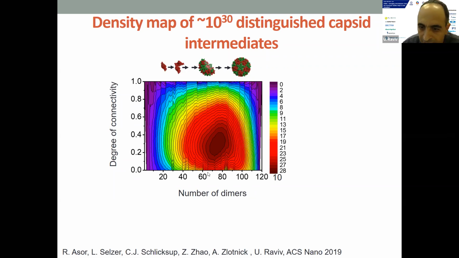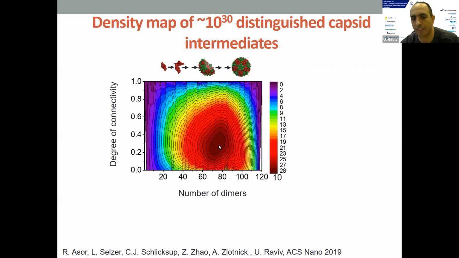And then the second axis, this is the vertical axis. The horizontal axis is the number of dimers. So we start here from a dimer. Here we have the full capsid. So this is one state here. There is only one state. But in between, as you can see, the heat map shows you that in the middle here, you have a lot of states. You have 10 to the 28 states in the intermediates of about 80 dimers.